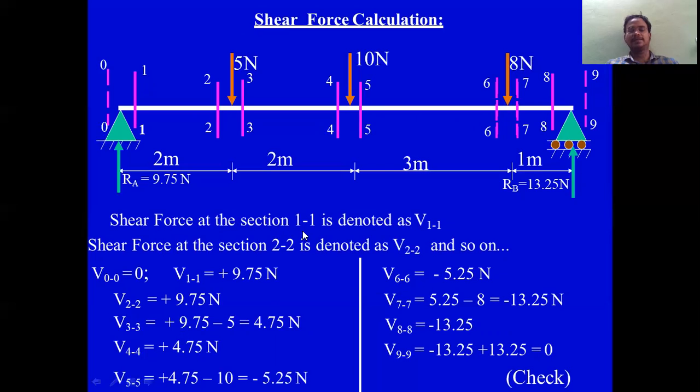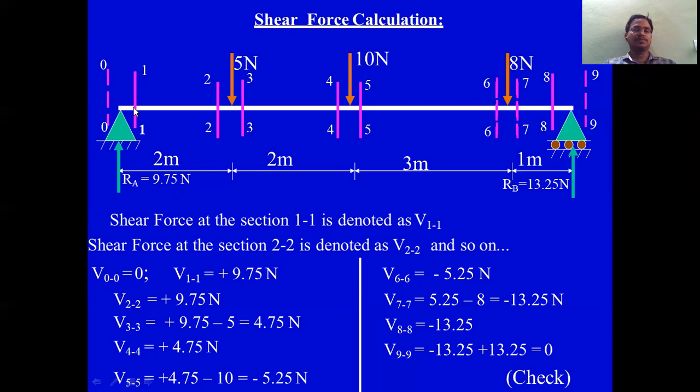Shear force at section 1-1 is denoted as V11. Shear force at section 2-2 is denoted as V22, and so on. V00 is 0 because there is no shearing force, there is no body here. So when we consider V11, you cut at 1-1, the upward reaction force is 9.75, that's it.